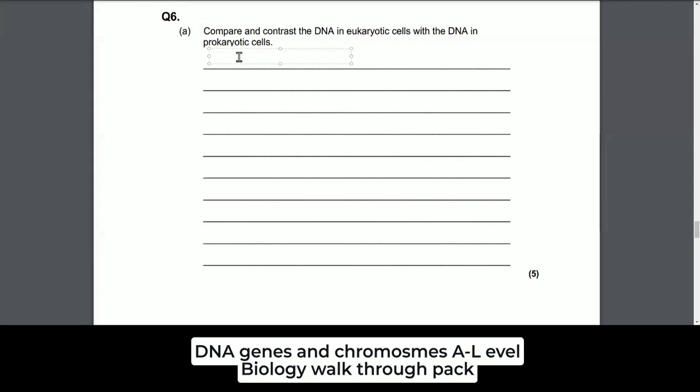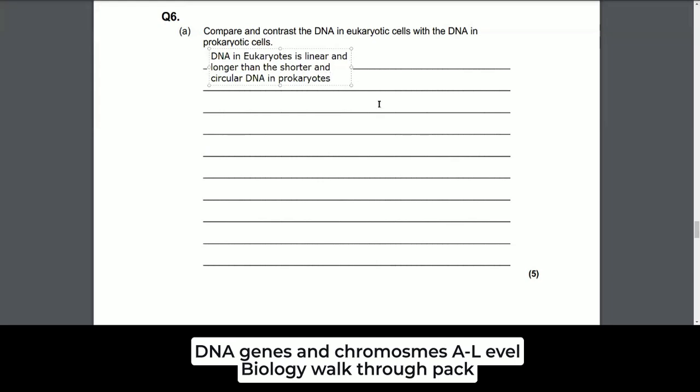So we want to say, DNA in eukaryotes is linear and longer than the shorter and circular DNA in prokaryotes.